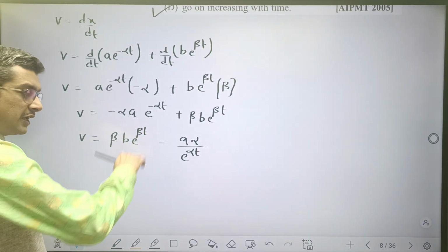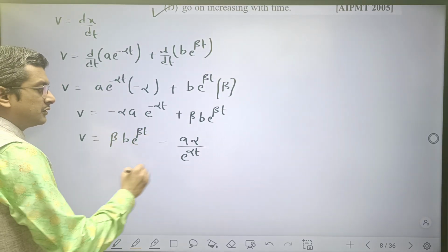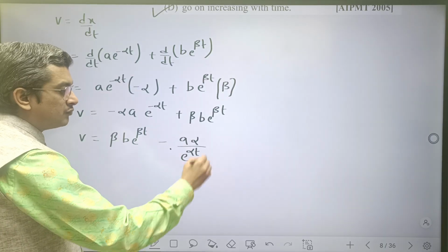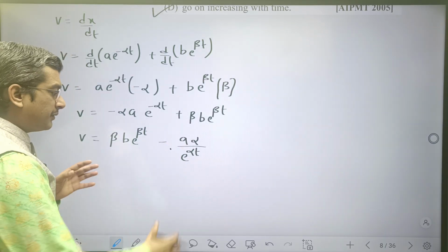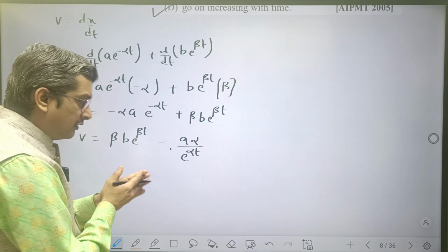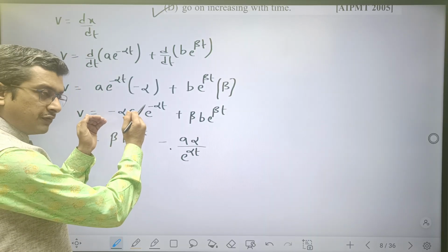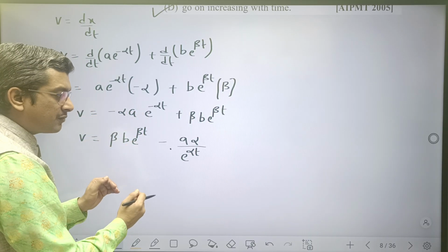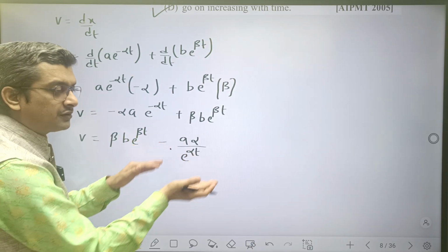Now if time becomes less, so this value becomes less and this value becomes more. So it is like the difference becomes less because the value of the first term is decreasing by some amount, and the value of the second term increases by some amount.